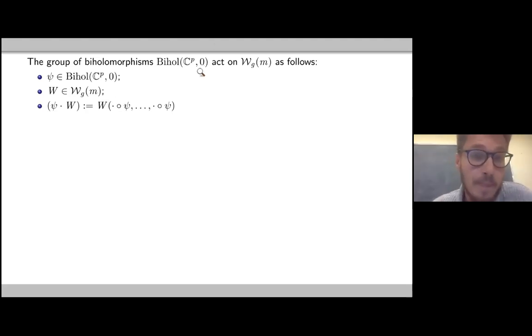So this is just defined around 0, and you ask that it's holomorphic and it has an inverse that is holomorphic. So it's a map from a small neighborhood of C^p to a small neighborhood of C^p, that is holomorphic and has an inverse that is biholomorphic. And so basically you just have to ask that the differential of the map at 0 is invertible.